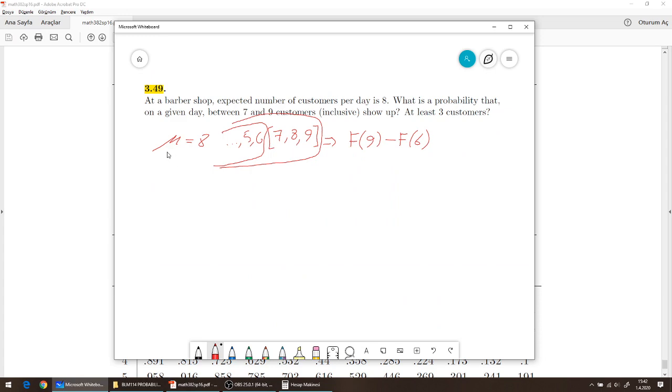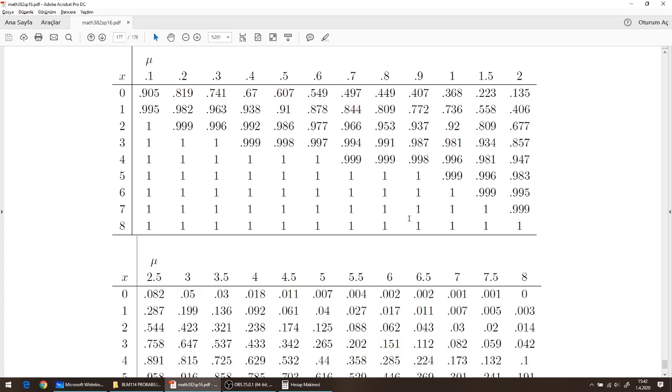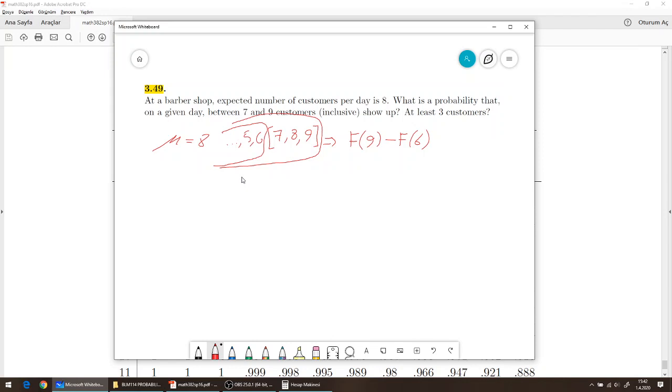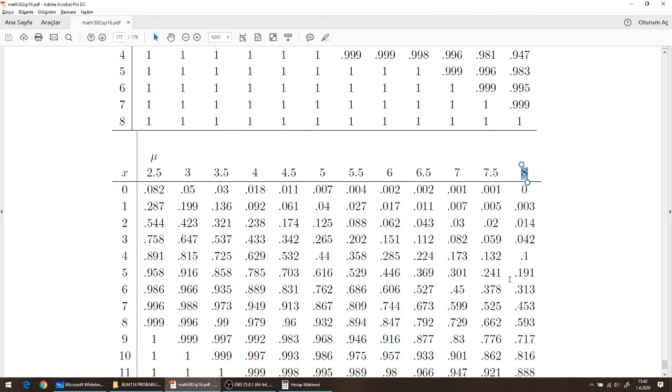Yes, our mean number is 8. Let's find 8 as the mean number. Yes, it is 8 as you see here. And yes, uppercase F9 minus 6. Uppercase F9 is here.